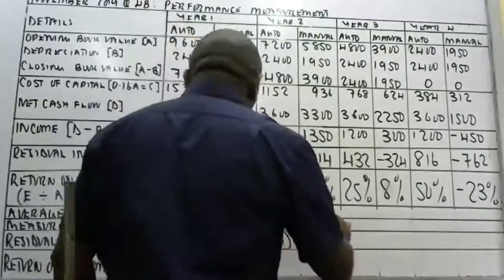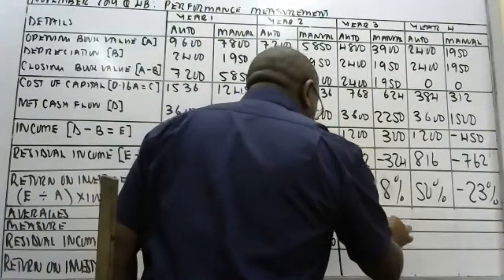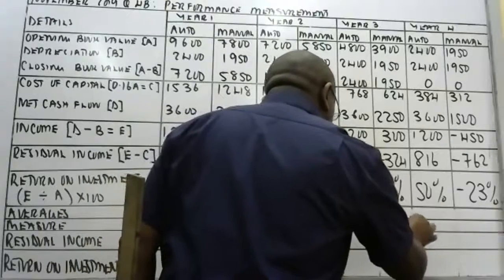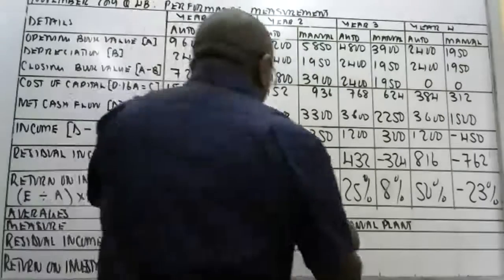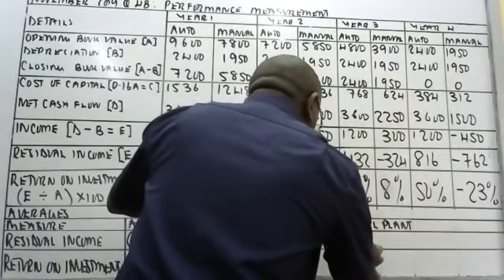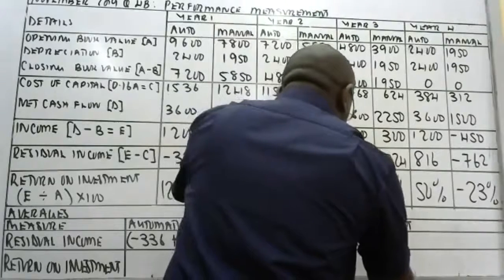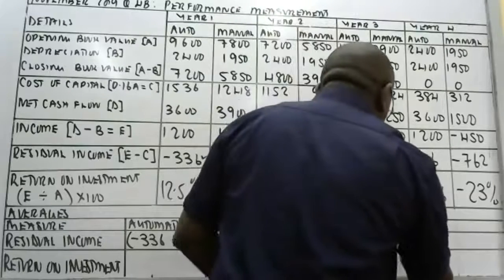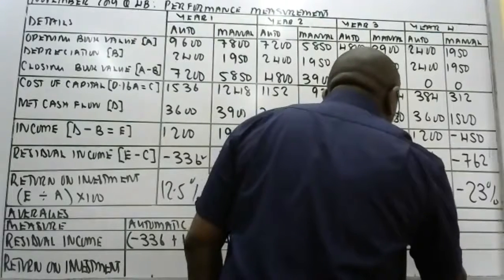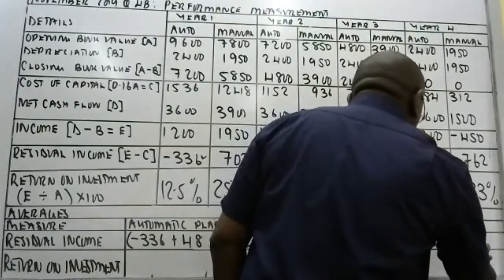Then I come to the manual plans. I do the same thing. I get 702 plus 414 plus minus 324 plus minus 762.